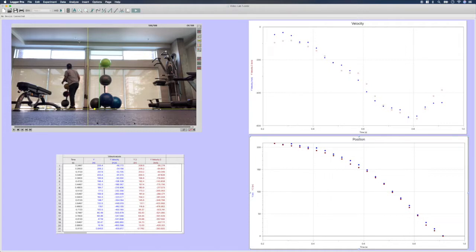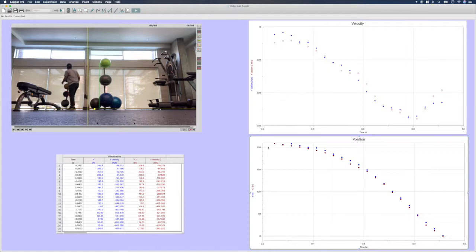And since I was raising the balls above my head, they went over, so approximately around 210 centimeters is the starting Y position.